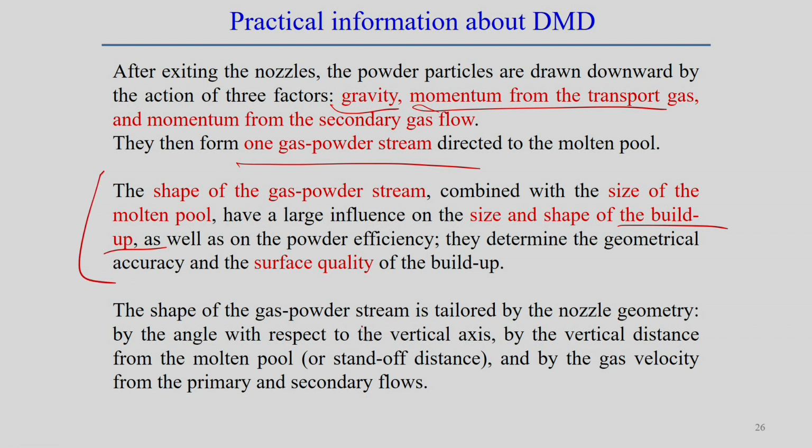So, the shape of the gas powder stream is basically tailored by the nozzle geometry. Definitely the shape of the gas powder stream is basically decided by the nozzle geometry, by the angle the nozzle makes with respect to the vertical axis, and the distance from the molten pool to the nozzle exit, the stand up distance, and of course, the gas velocity from the primary and secondary flow.